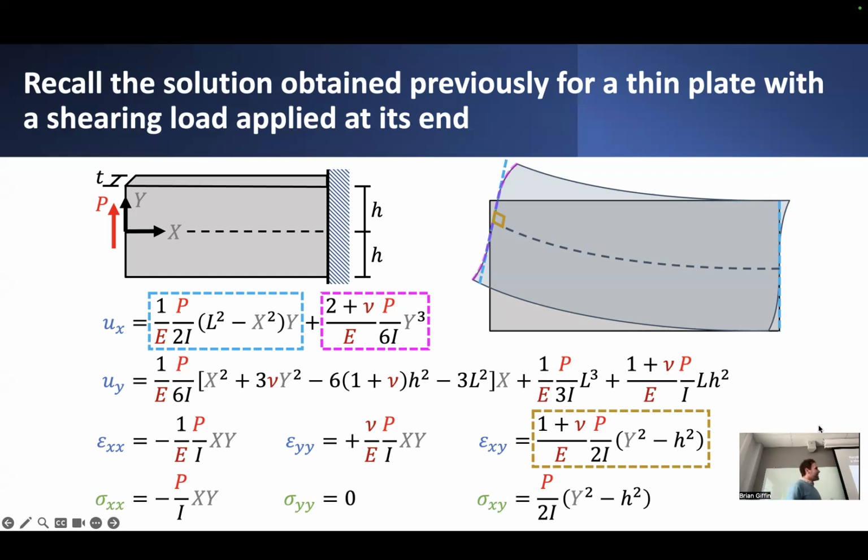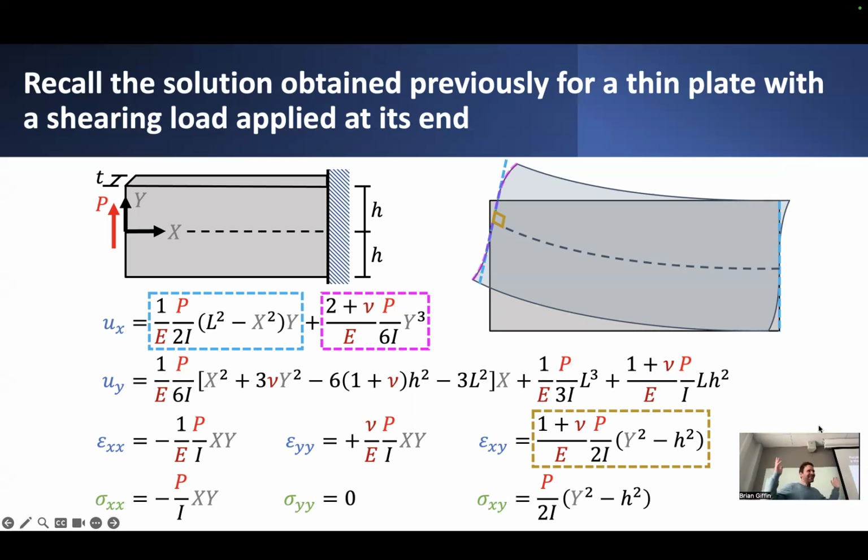But nonetheless, we don't have plane sections remaining planar, and even worse, we don't even have that the plane section remains perpendicular to the neutral axis. If you consider some small square of material located next to this section, close to the neutral axis, you'll notice that it actually undergoes a little bit of shear deformation, which implies that indeed this plane section is not perpendicular to the deformed neutral axis of the beam.